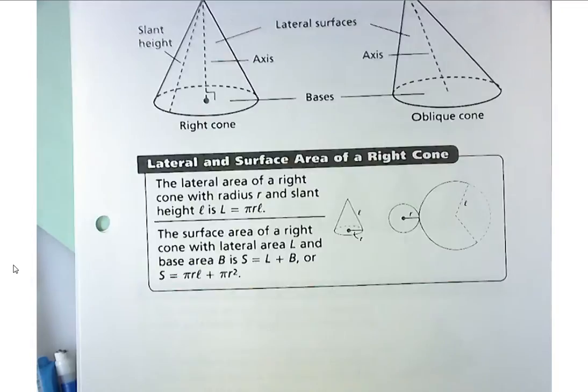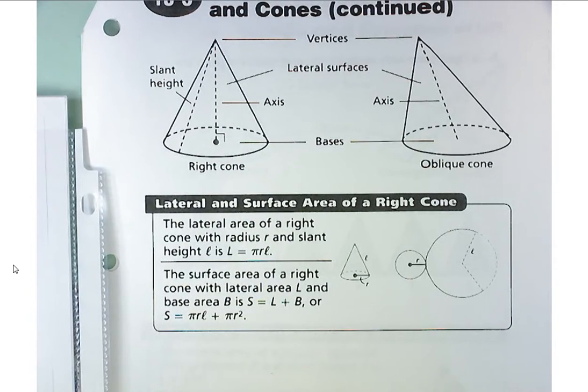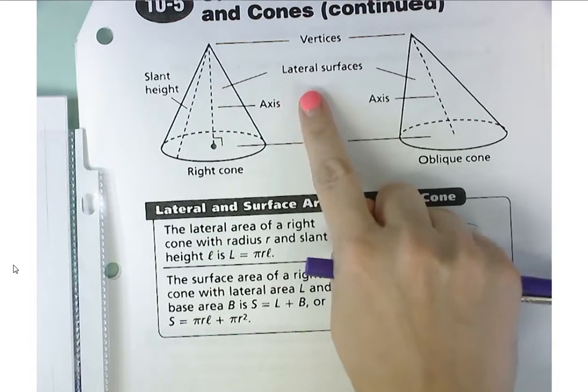Alright, and then we'll head over to the next example, which is the surface area of pyramids and cones. So here we have 2 cones. Again, for each one you have one vertex at the top, and then this is called the lateral surface because it's curved.